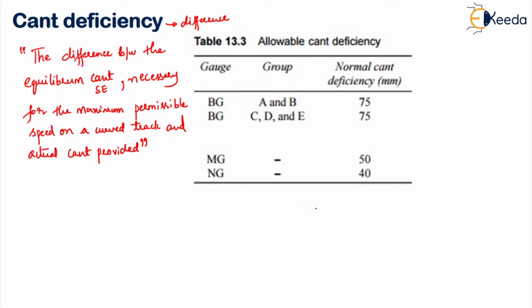Normally, how will you find your equilibrium cant? So what is the procedure of finding your equilibrium cant? You have already studied about that, right? So your SE formula is different for broad gauge. How much is it? 1.315 V square by R if it is broad gauge, and this same thing will be equal to 0.8 V square by R if it is meter gauge, and this is equal to 0.6 V square by R if it is narrow gauge.